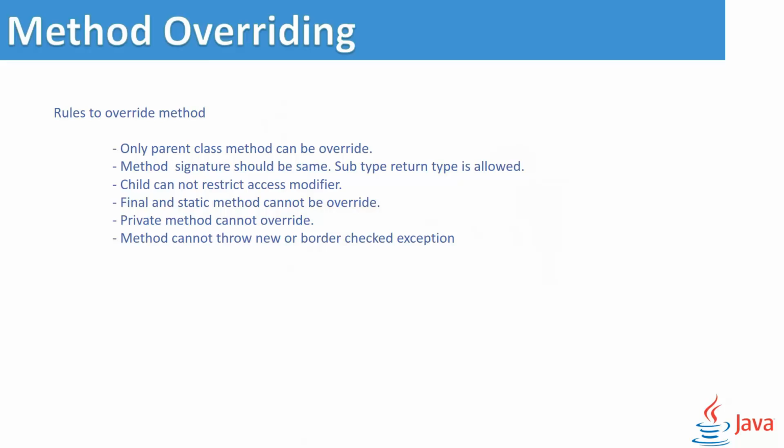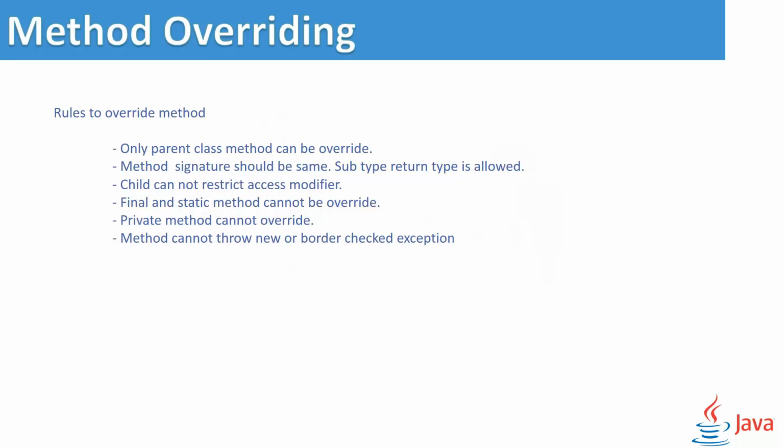The same thing is in programming. If some method is not present in the child class and the method has been called on the child class, the JVM will check this method in its immediate parent class. If the method is not present in that class, then again it will be checked in the grandparent class and so on.